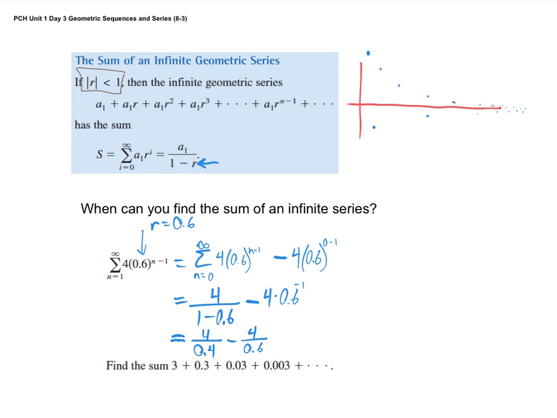Okay. So you could rewrite that. What do you end up getting with this? 10 minus 6 2/3.